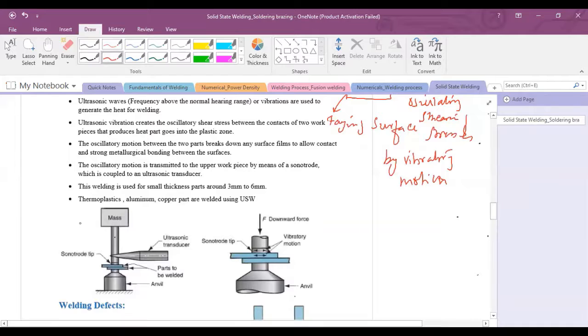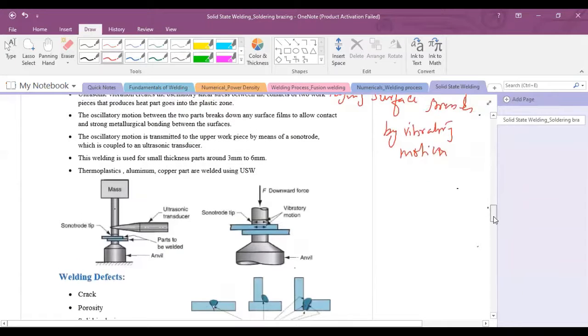First, I will explain the ultrasonic welding apparatus. The components to be welded are clamped under the clamping rod and the anvil. Both the parts are placed over the anvil, and the clamping rod is fixed with the mass M. The transducer is also coupled with the clamping rod, and at the end of the clamping rod, the sonotrode tip is attached.